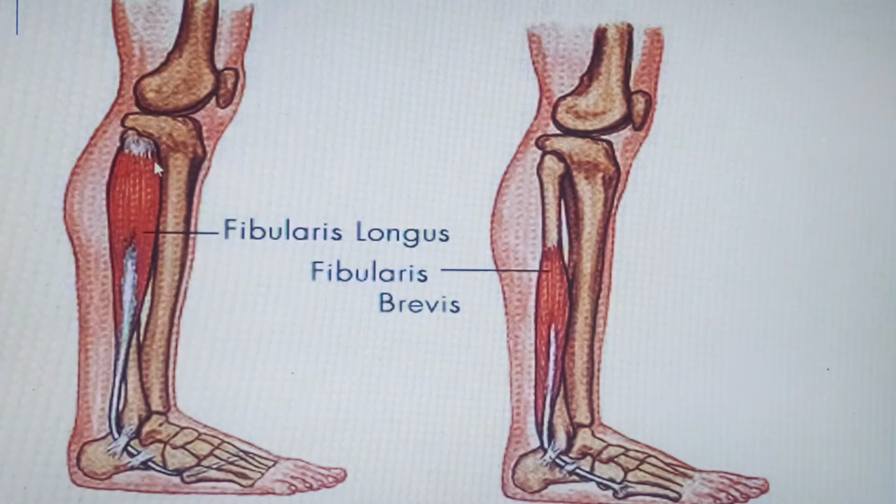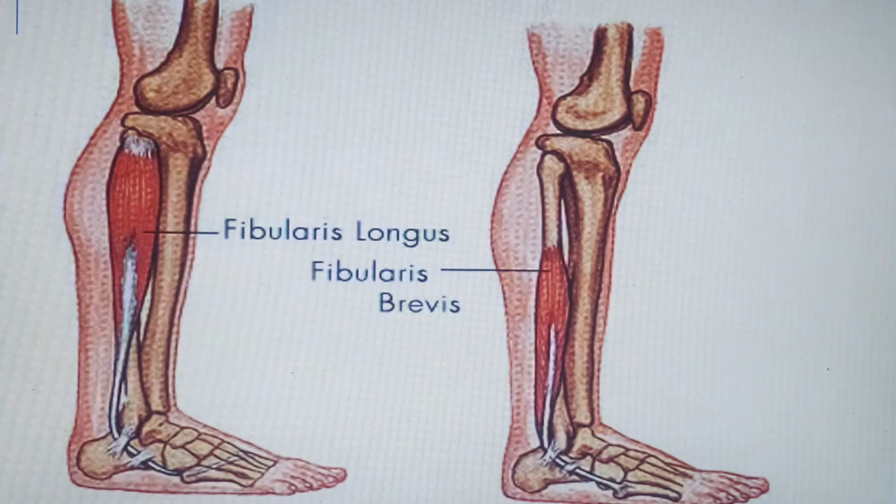So there we are. Here we have the peroneus longus or fibularis longus, and the peroneus brevis or fibularis brevis. As you can see over here, this is the peroneus longus. The peroneus longus muscle will originate from the superolateral aspect of the tibia, the lateral tibial condyle area, as well as the head of the fibula laterally.